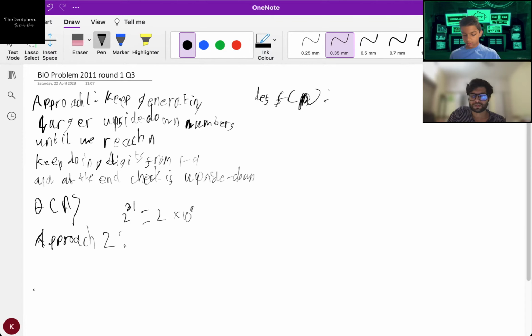Not sure. So what variables will it depend on? Like, let's say you have f of n, what variables will you have to generate f of n? This should come from some f, right?